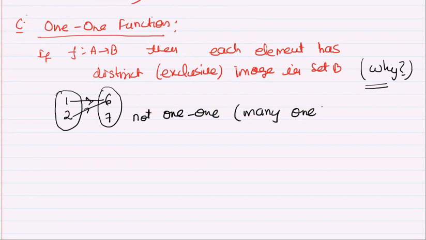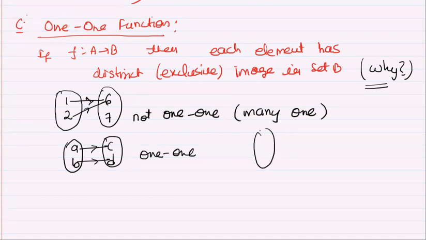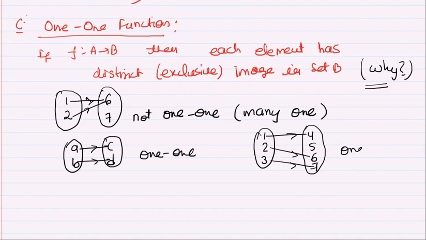If a function is not one-one, it will be called many-one. And if I show like this, A to B and C and D, and this is connected with this, so this is a one-one function. And if I show you 1, 2, 3 and here 4, 5, 6, 7, so this 1 and this 6 and this 7, this is also a one-one function.